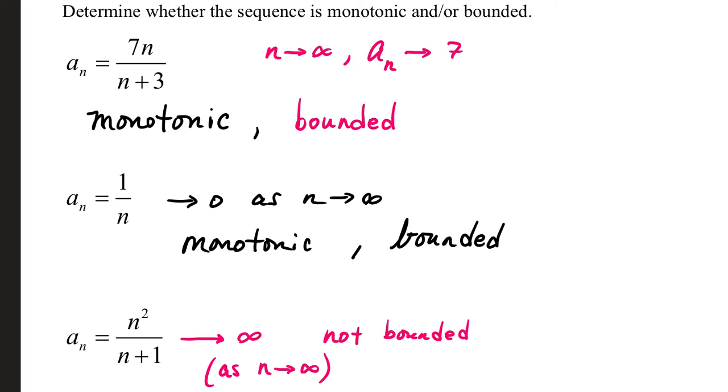The second example, 1 over n, this nth term approaches 0 as n gets really large. Starting with 1, 1 over 1 is 1. Moving up to 2, we'd have 1 half, and then 1 third, 1 fourth. The values of the sequence consistently get smaller and smaller.